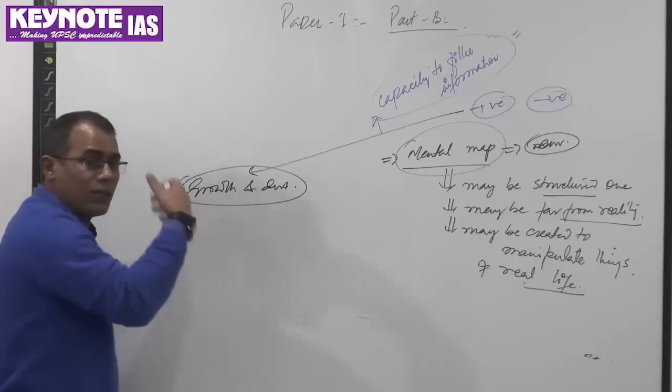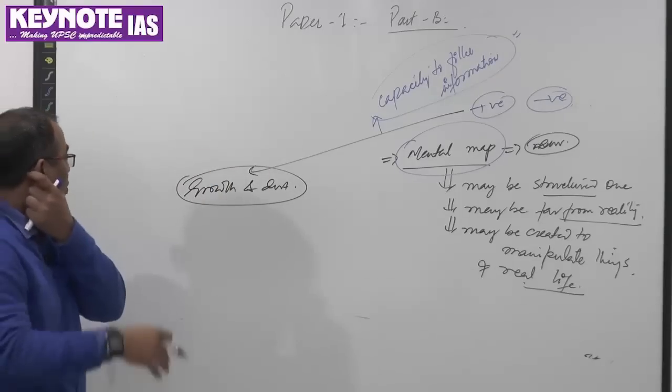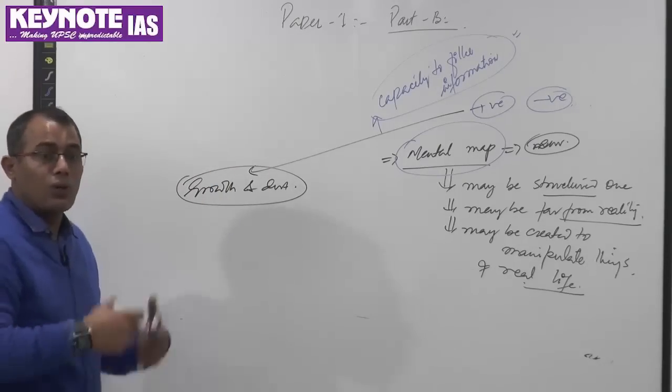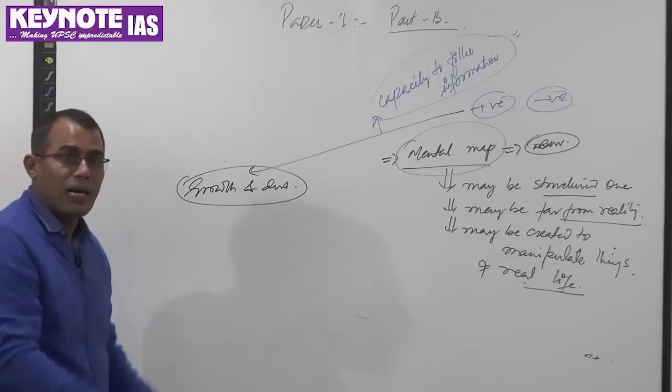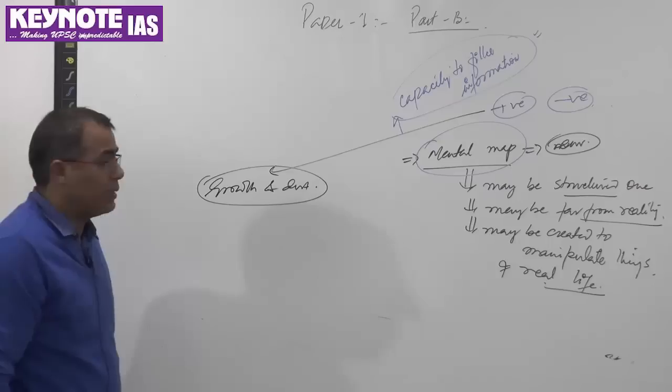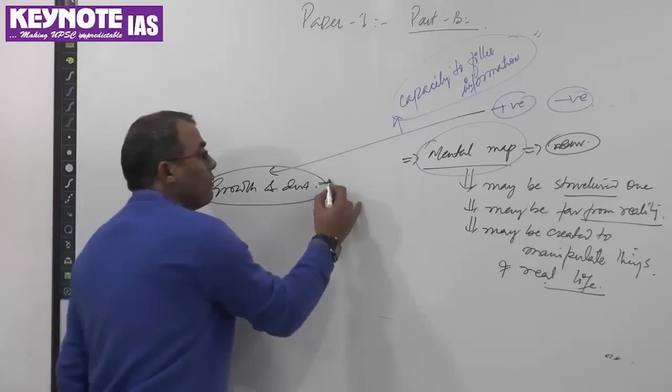So obviously you can talk about the dynamism, you can talk about the growth of civilization through a lot of interaction, exchange of ideas, exchange of innovations, diffusion of innovations that has led to growth and development.